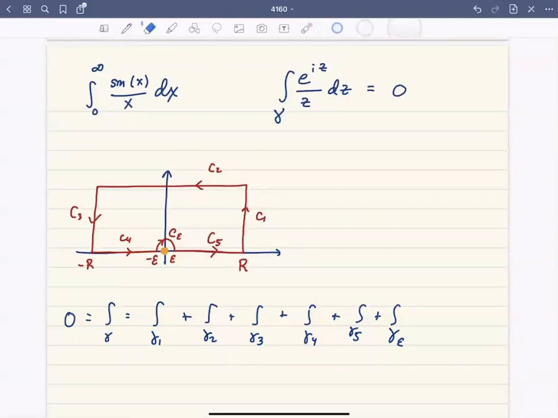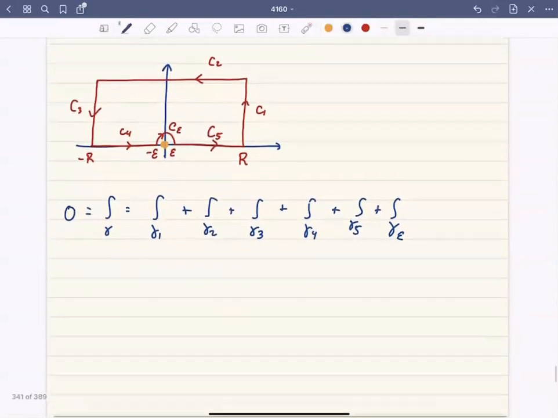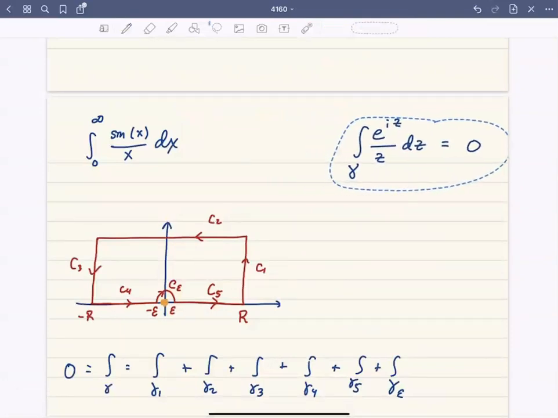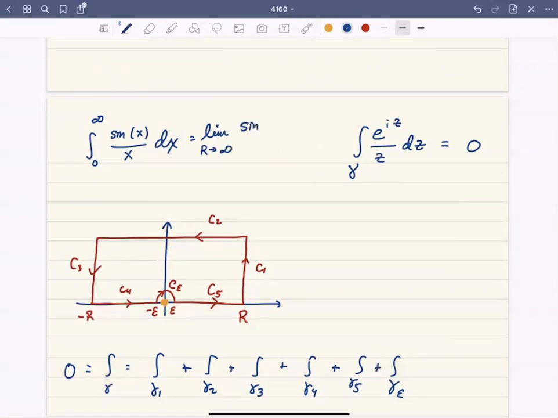And so to evaluate this limit, we're going to think about this integral as the limit as r goes to infinity of the integral from epsilon to r of sine of x over x.